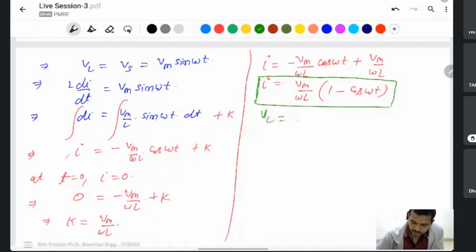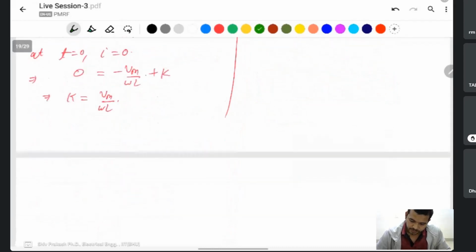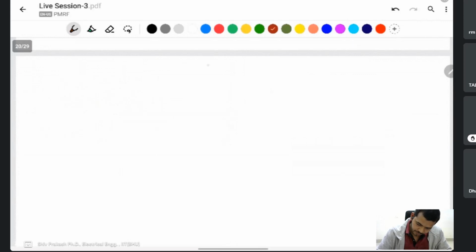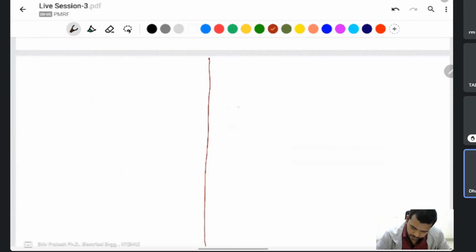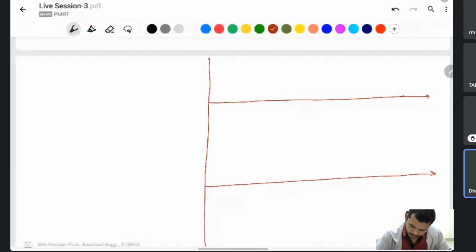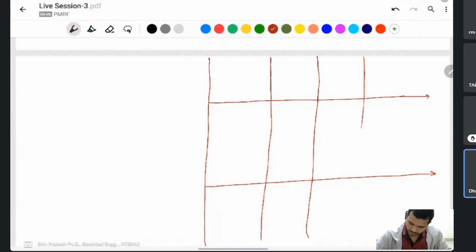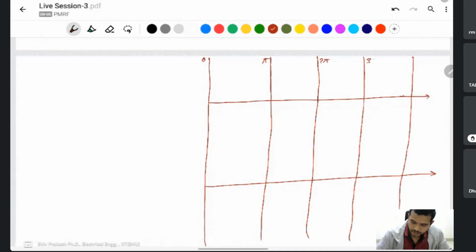And the voltage is the same, VL is equal to Vs. Plotting at 0, pi, 2 pi, 3 pi and 4 pi, this one is Vs, and I take this one as IL.